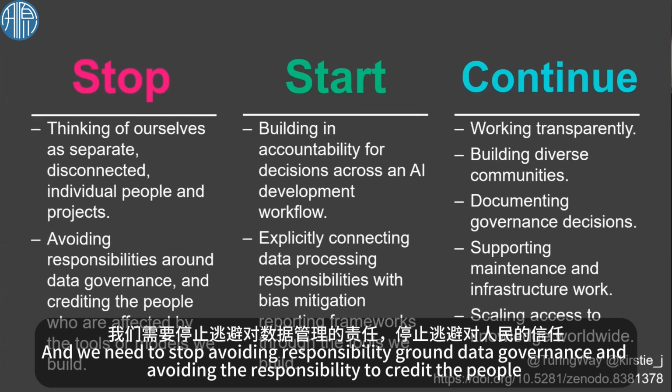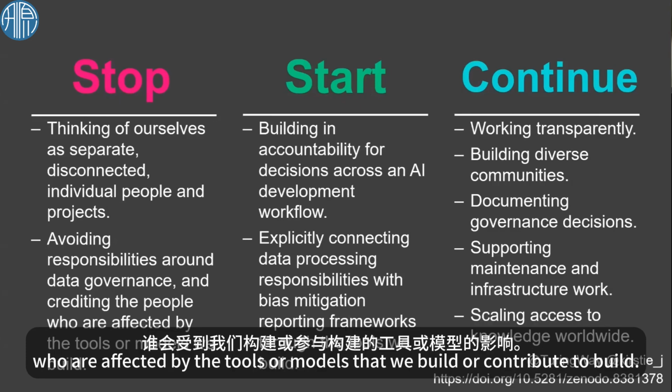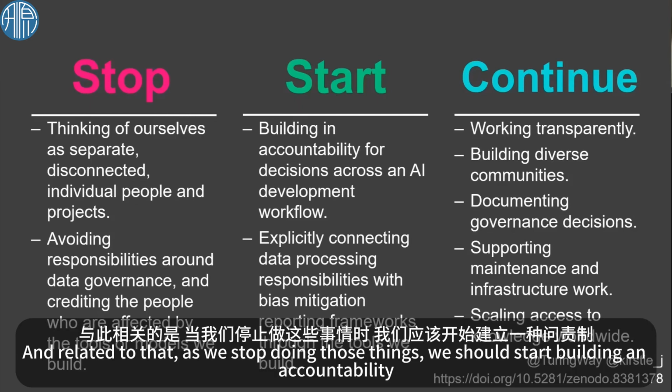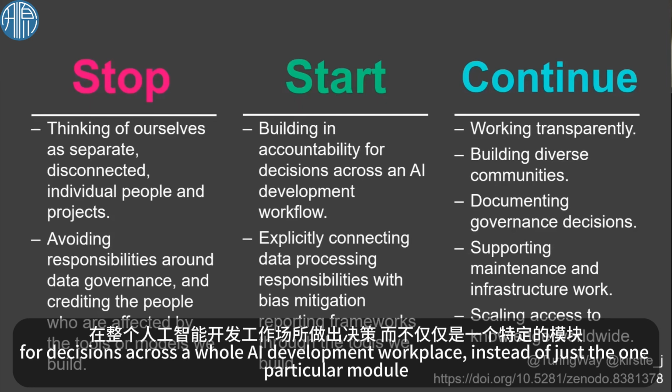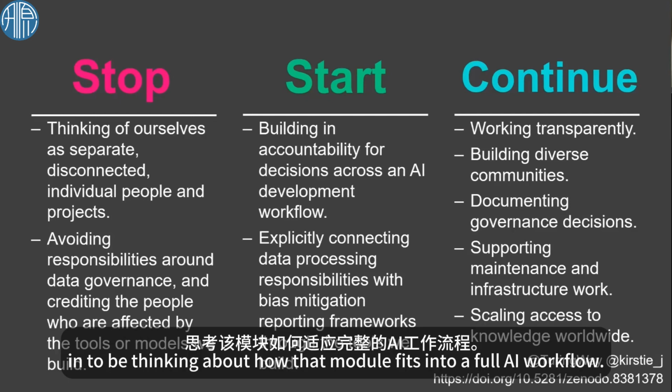And we need to stop avoiding responsibility around data governance and avoiding the responsibility to credit the people who are affected by the tools or models that we build or contribute to building. And related to that, as we stop doing those things, we should start building accountability for decisions across a whole AI development workflow. So instead of just the one particular module, we need to be thinking about how that module fits into a full AI workflow.